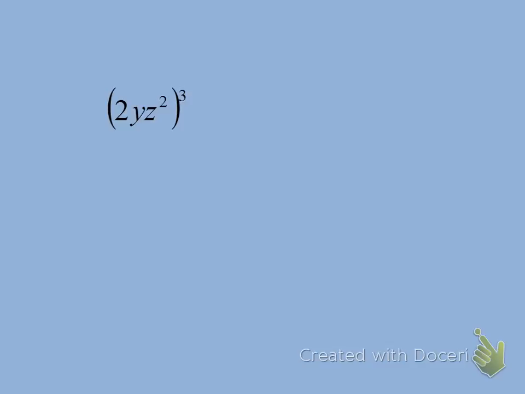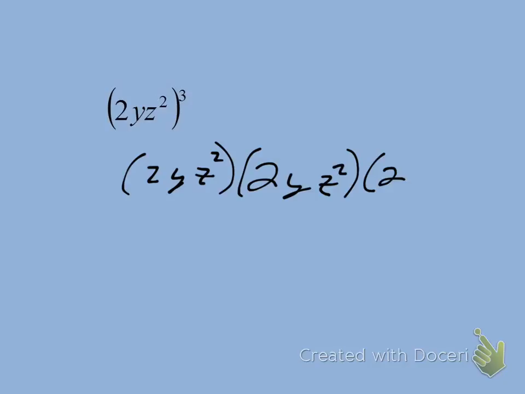So 2yz squared, 2yz squared, 2yz squared. It turns it into a question like we had earlier, but now you have 3 terms instead of just 2, which is no big deal.